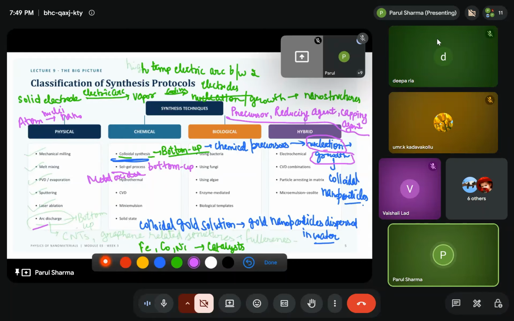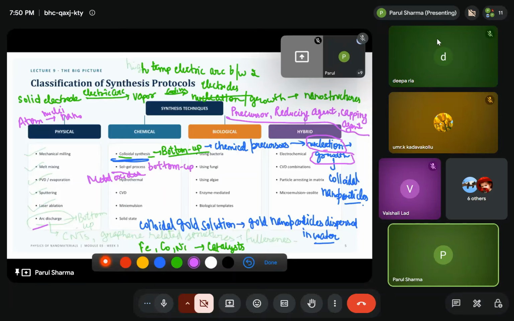It is based on converting a molecular precursor into a colloidal suspension. So what is sol and what is gel here? When we convert a molecular precursor into a colloidal suspension, we call it sol, and when it is converted into a three-dimensional solid network, it is called gel.